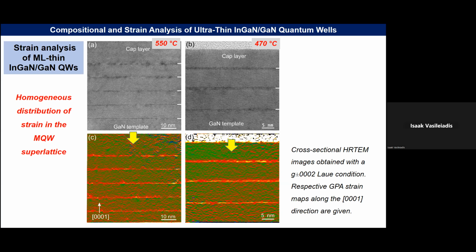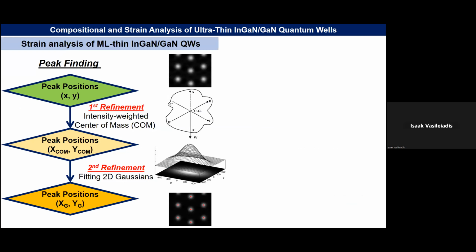In this case, we used a mask size with radius equal to the G0002 reflection, and we have a spatial resolution equal to the cell lattice. So this method is limited to extremely thin nanostructures. Therefore, we have to implement the peak finding method.